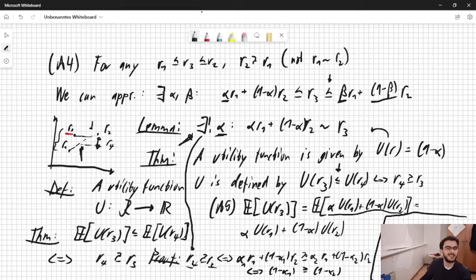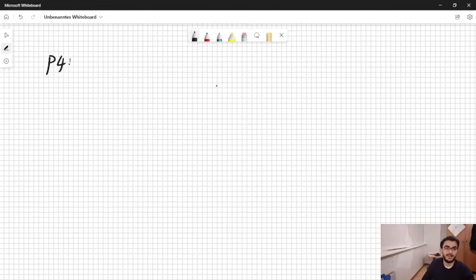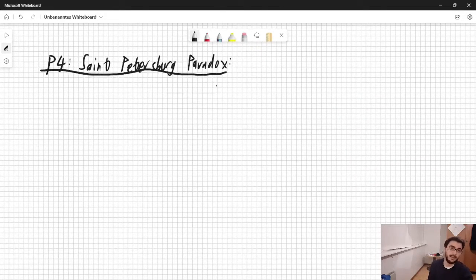Now let's mention a paradox for why utility functions don't work. Very, very well-known paradox. Let's say you get a bet, you play against someone, he tosses a coin, and he tells you, if I toss head on the first try, I'm paying you €1.